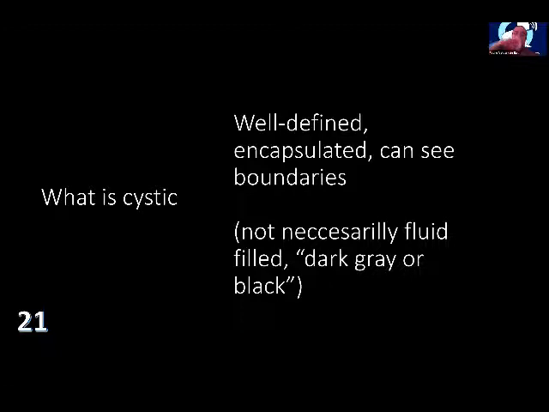Cystic means well-defined, encapsulated, and we can see the boundaries of the mass. Not necessarily fluid filled. Can be dark gray or black, but not necessarily, because a teratoma or dermoid cyst is a cyst, but it's complex and not fluid filled.